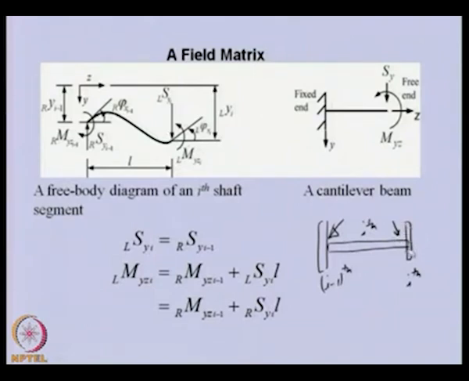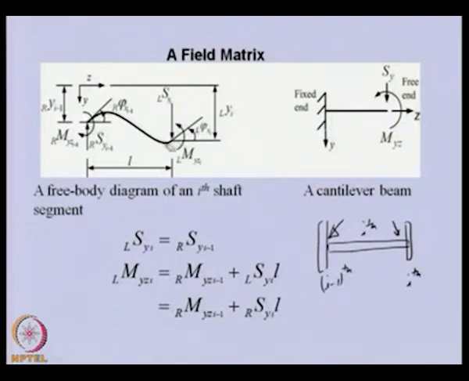So, always we are representing left or right with respect to a particular disk, not with respect to the shaft. Now, apart from this we have the shear force, S_y_i left of the ith disk, and similarly the bending moment. So, here also we have 4 state variables, and now we need to relate these state variables which are there in the right of the I minus 1th disk and left of the ith disk.